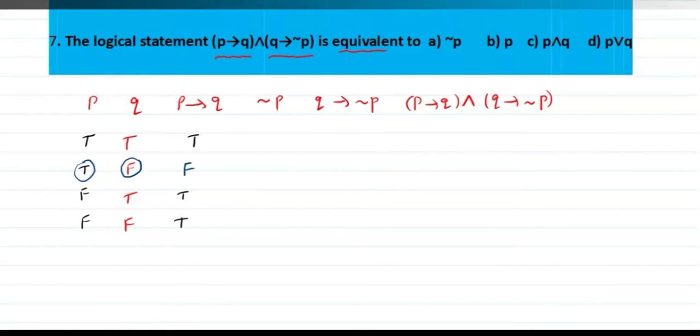So please note this. First statement is true, second statement is false, then only the resultant statement will be false. For the rest of the cases, the truth value is T only. Okay, right, good.